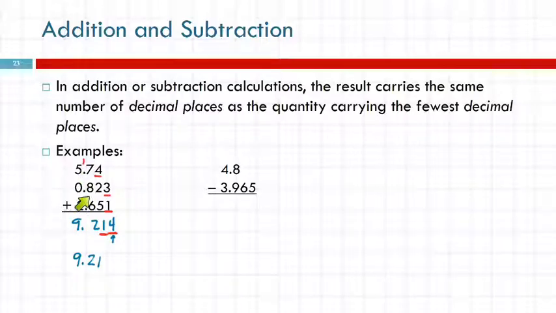Those are all certain numbers, plus the 1 from the carryover, and so that gives us, what, 22? But that 2 is certain. There wasn't any uncertainty in the numbers that we used to add that. And so when we look at this result, we keep all of the certain digits, the 9 and the 2, and the first uncertain digit.